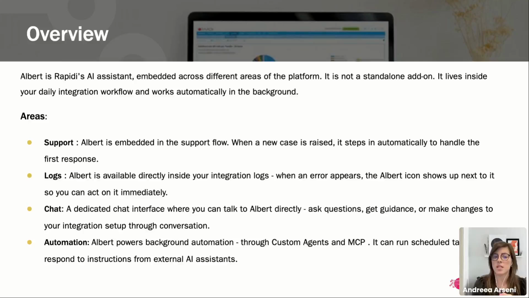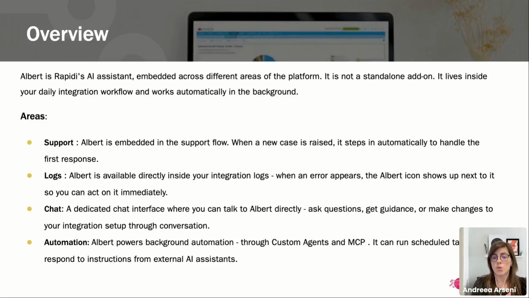And then the last point is about automation. This is more advanced, because Albert can also be part of what we call background automation. You can build custom agents and also use MCP. When it comes to custom agents right now, we can set them up for you if you need a specific agent that needs to do something in particular for your service.